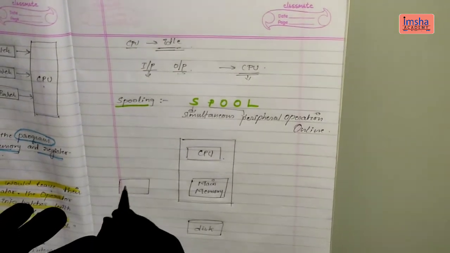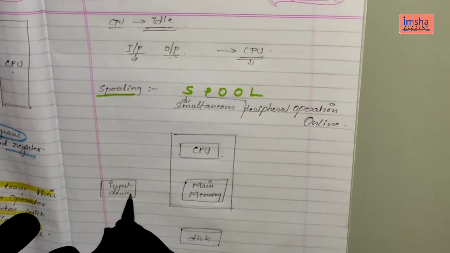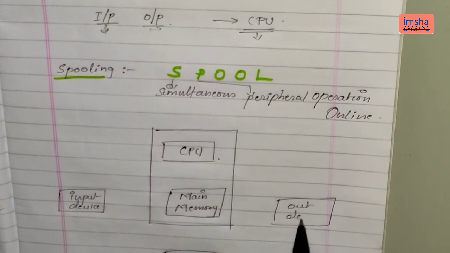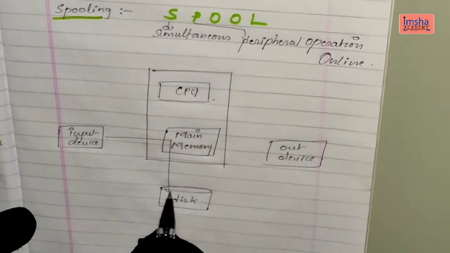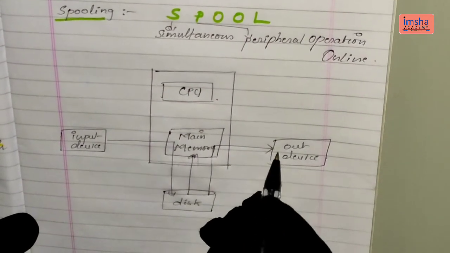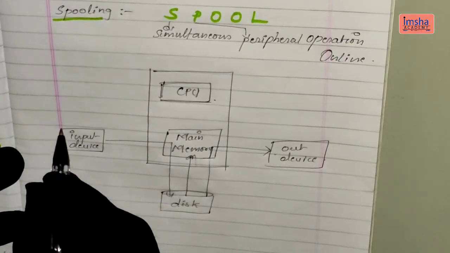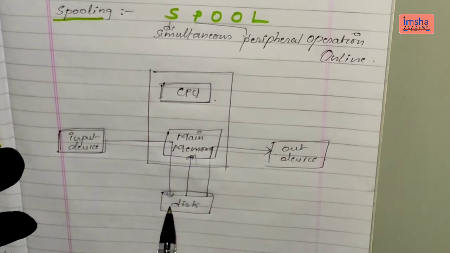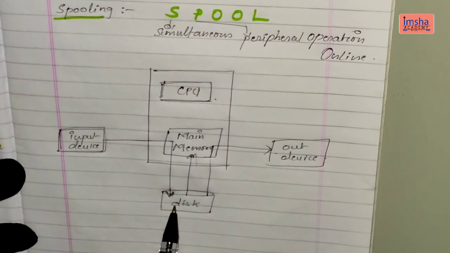And here we have input devices and output devices. While the CPU is executing one job, the input device will keep on writing to the secondary device. Data will be stored in the secondary device.